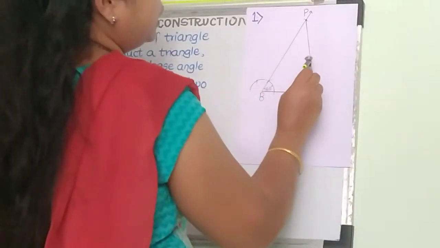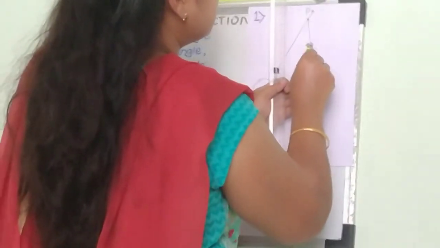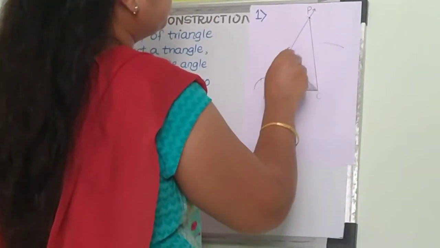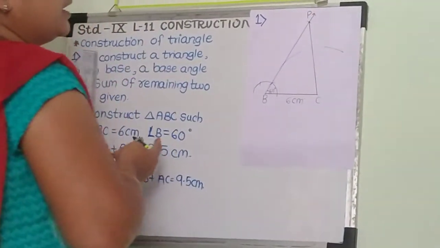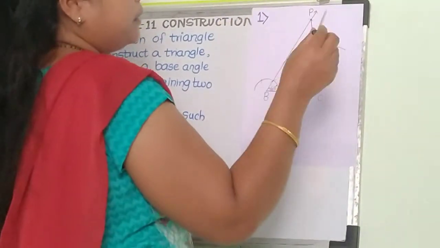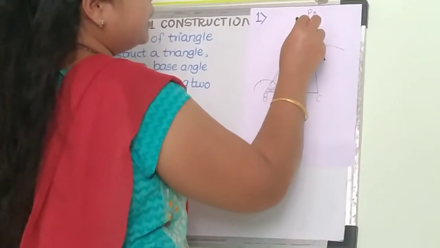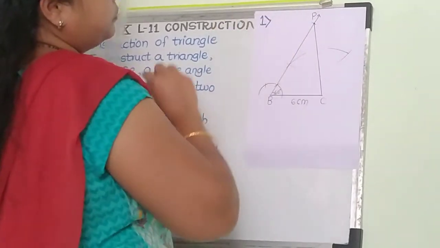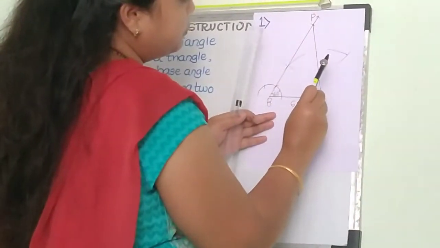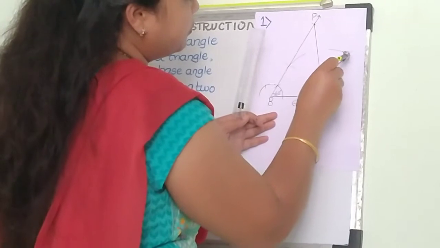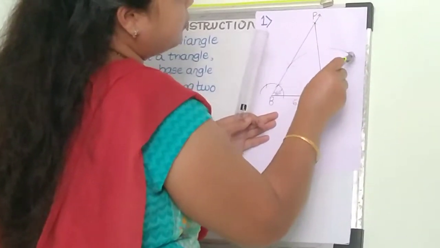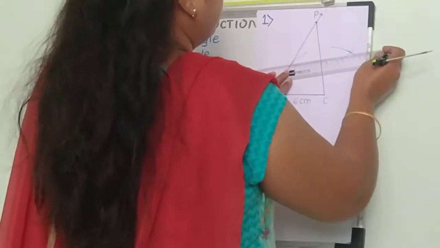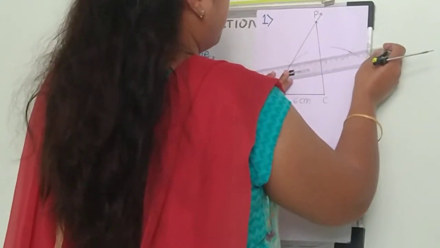So here we take more than half the distance in the compass and draw an arc. With the same measure from point P also we have to draw an arc. Then from these arcs we have to draw the line passing through them.